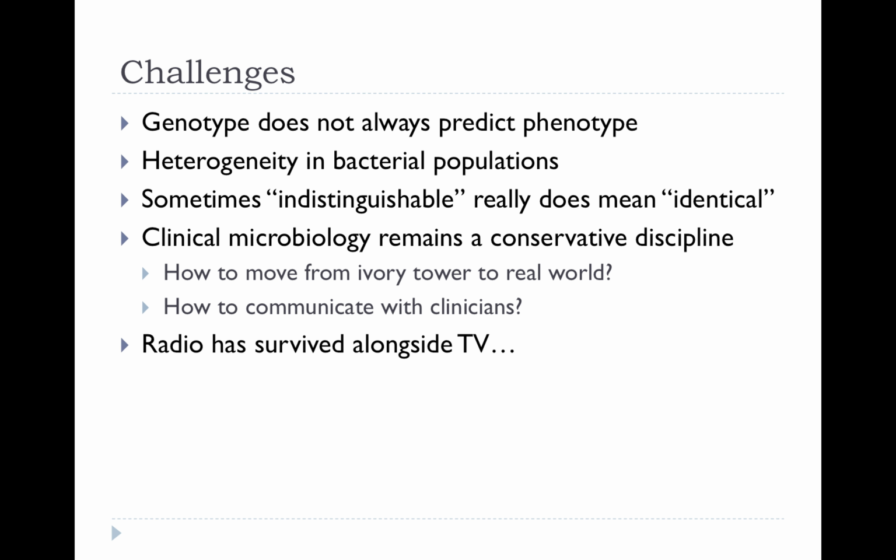One area that's a growing topic is that when we sequence bacterial genomes and we pick a colony from a sample from a patient, we're making the assumption that that patient is colonized with a homogeneous population of that particular bacterium, but that may not be the case. It may be that the patient has multiple strains of Staph aureus or multiple strains of TB.